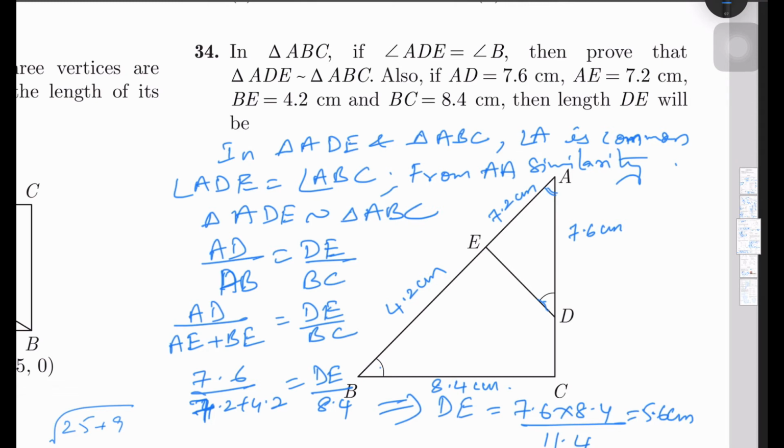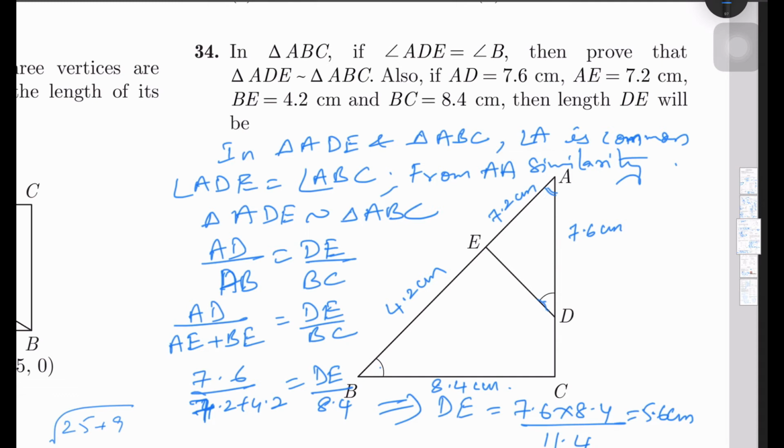Therefore AD by AB is equal to DE by BC. AB can be written as AE plus BE. Now what is AD equal to? 7.6 by 7.2 plus 4.2 is equal to DE by 8.4, that is BC.